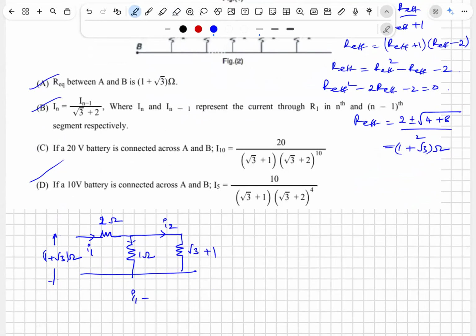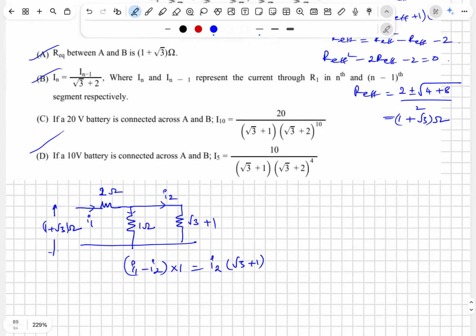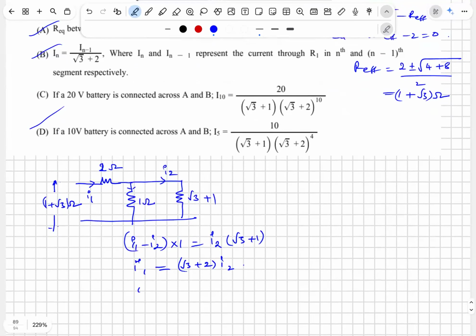So I1 minus I2 times 1 is the same as I2 times root 3 plus 1. So clearly I1 is root 3 plus 2 times I2. So I2 is I1 by root 3 plus 2.